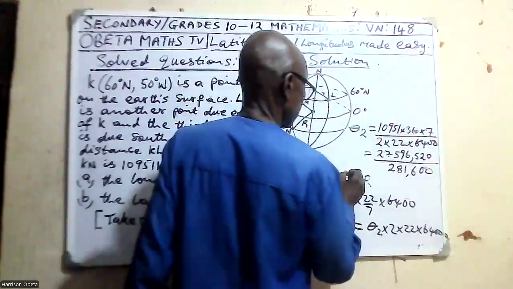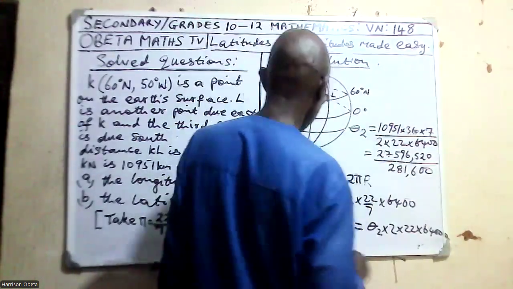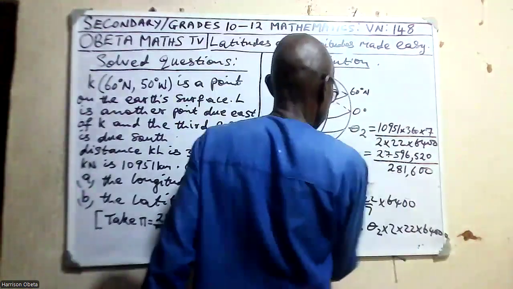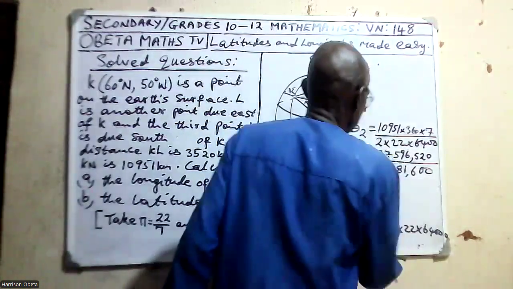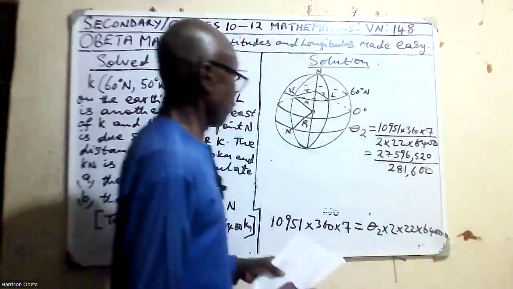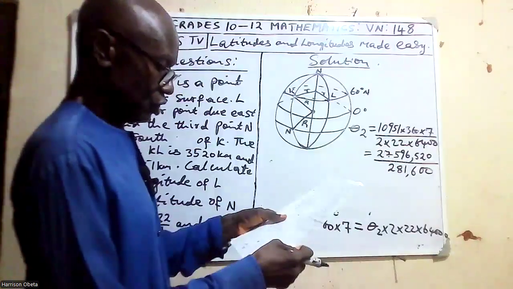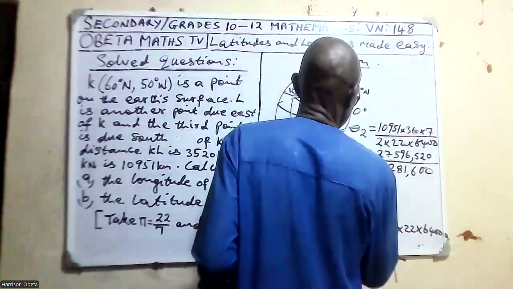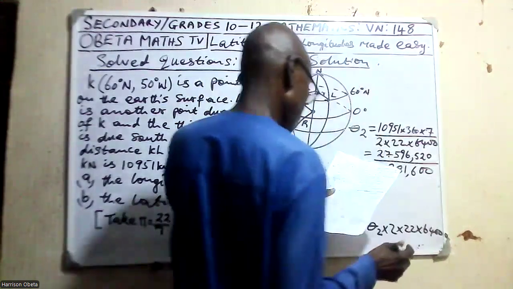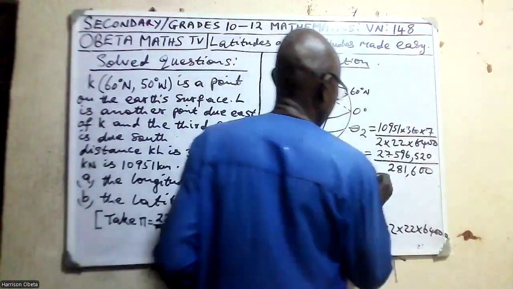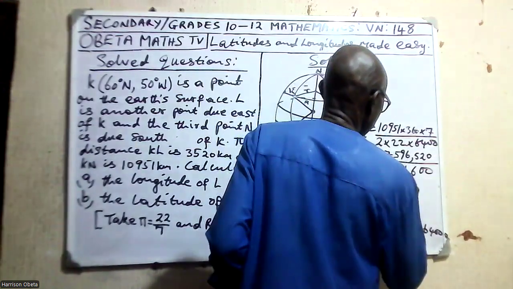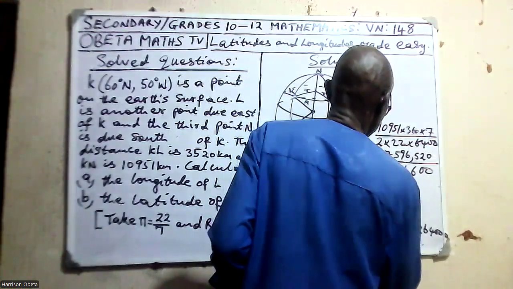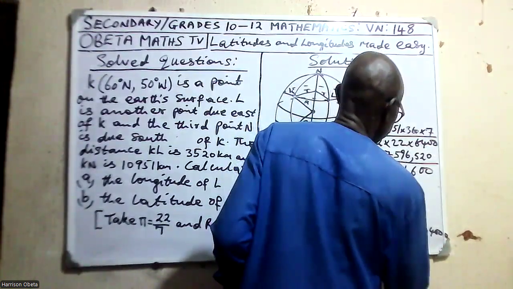Okay. So moving on, if you divide, you are going to get therefore theta 2 is equal to 97.99 degrees, approximately equal to 98 degrees.